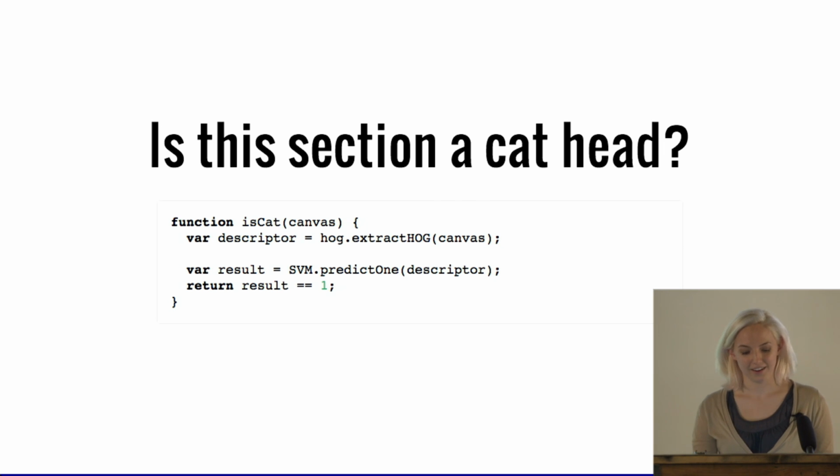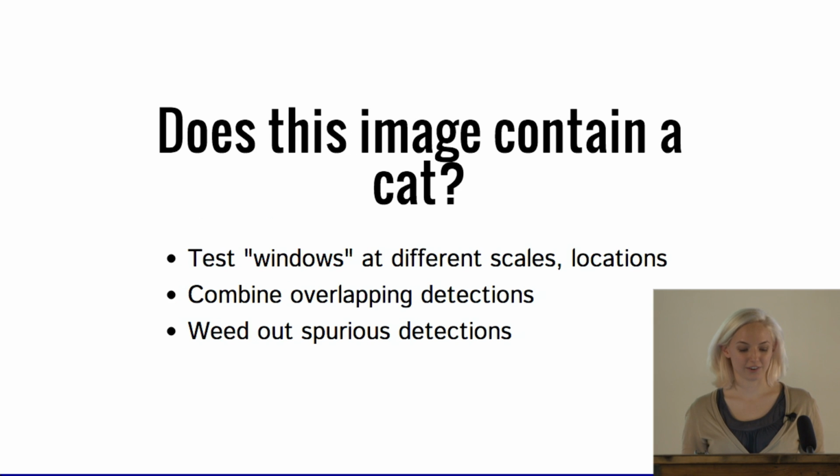So great, we've got this function that will take a section and tell us if it's a cat head or not. Now we can go one level up and finally answer our original question, which is, given an image, does it contain a cat? What we do is take this function that classifies individual sections, and we run it on all the sections in the image. So we're testing windows at all different locations and scales throughout the image.